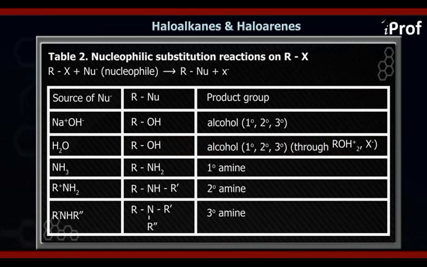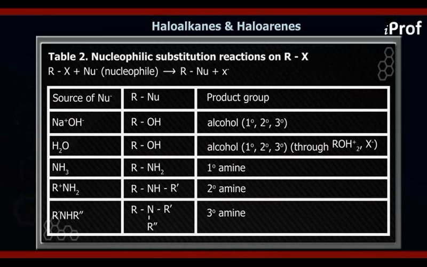The next example we can have is, suppose source of nucleophile is KOH, that is potassium hydroxide, nucleophile will be OH minus and product formed again will be ROH, that is alcohols.